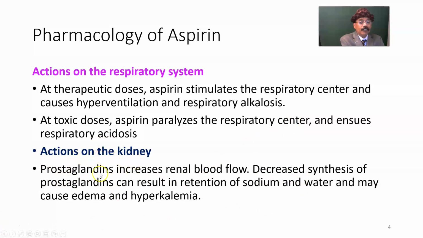Action on the kidney: prostaglandin increases renal blood flow. Decreased synthesis of prostaglandin can result in retention of sodium and water and may cause edema and hyperkalemia. These are the actions of aspirin on the kidney.